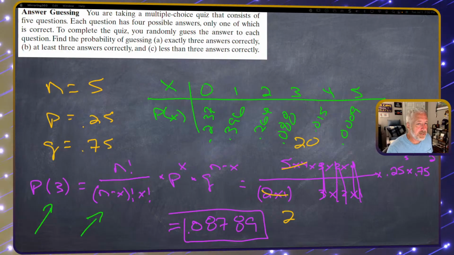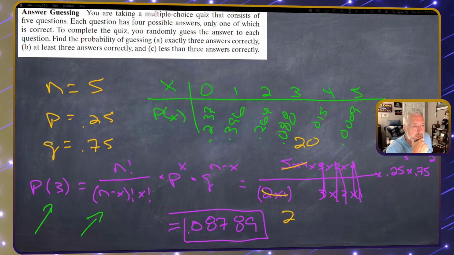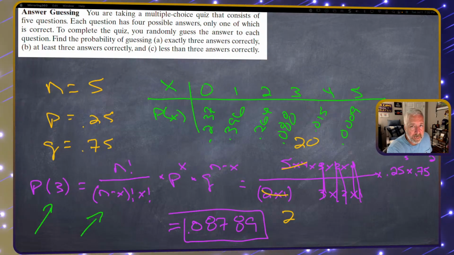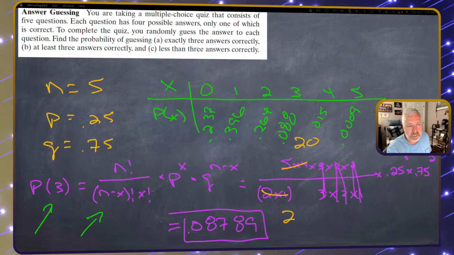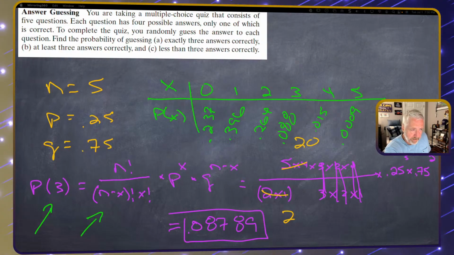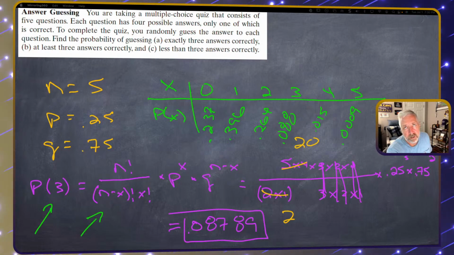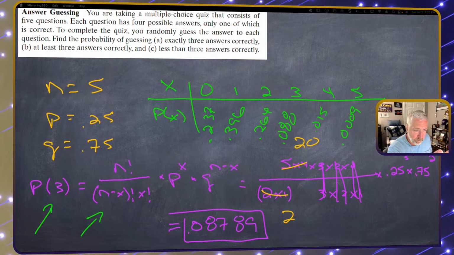So there's the first example worked for a binomial distribution, answer guessing. I built the table from the calculator. I worked one out using the form that we have derived and used computationally in class, right? That's a combination times probability of success to the value for the random variable x that we're looking for, et cetera.